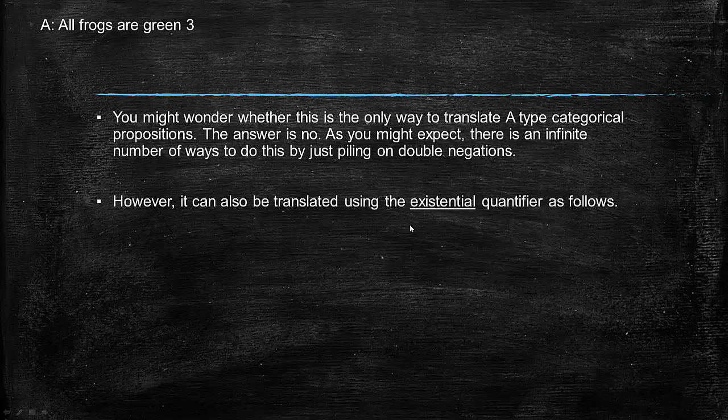So how would we say all frogs are green using the existential quantifier? Well, the answer is that we would introduce negation judiciously, and we would change the conditional to an ampersand, to an and.